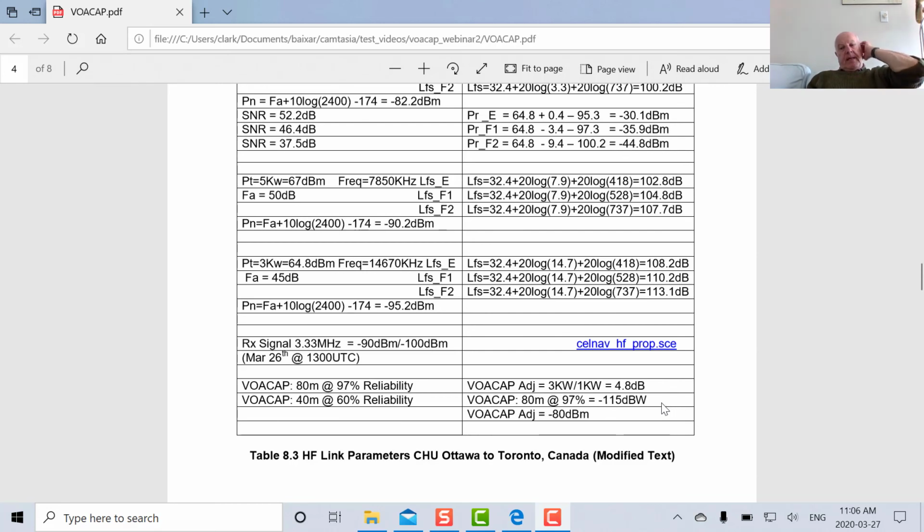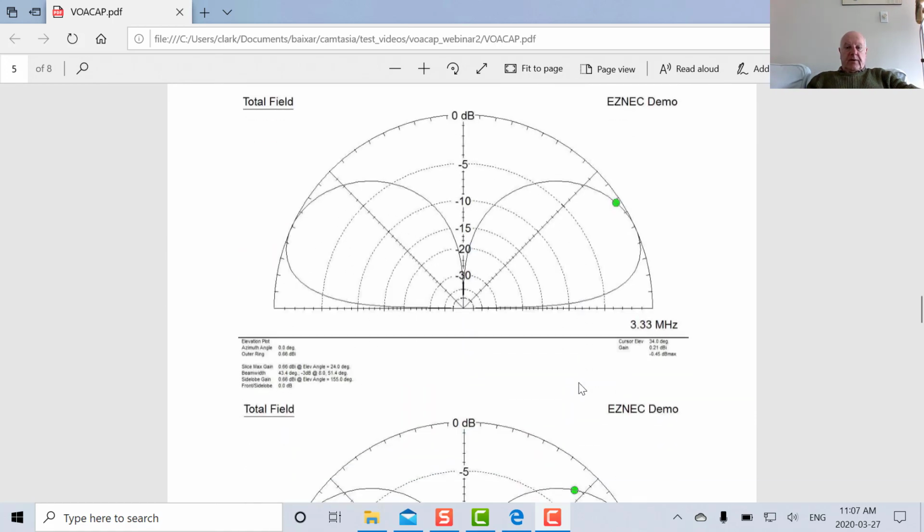So let's say that's minus 110 dBW. And then to convert from dBW to dBm, I add 30 dB. So the actual VOACAP adjusted value here for 3 kilowatts, VOACAP saying our receive level should be around minus 80 dBm. Okay, and I saw around minus 90, so that's close. It's like 10 dB away, so that's not too bad. And of course, the other two signals at 7.85 and 14.67 were not received at all.